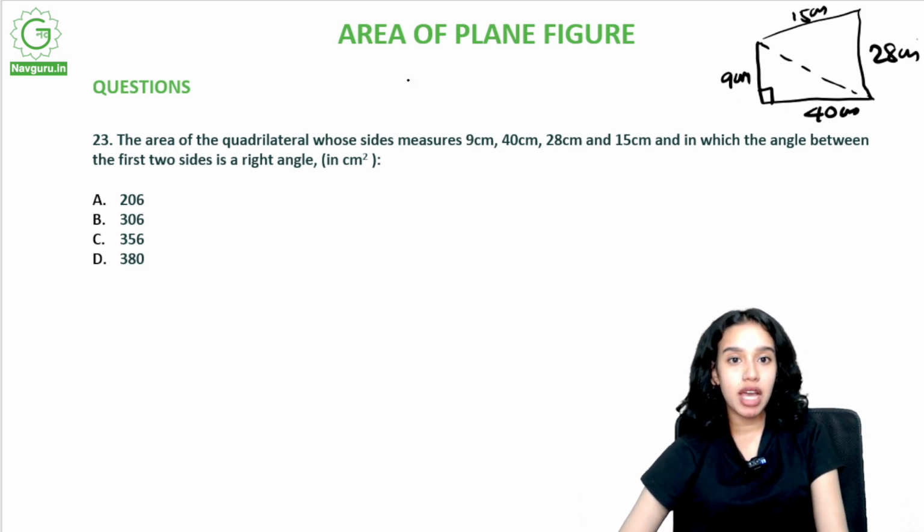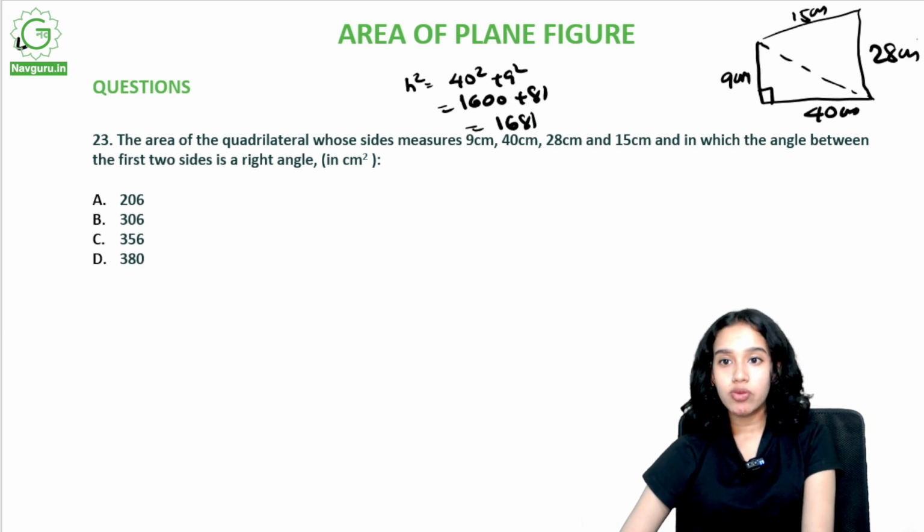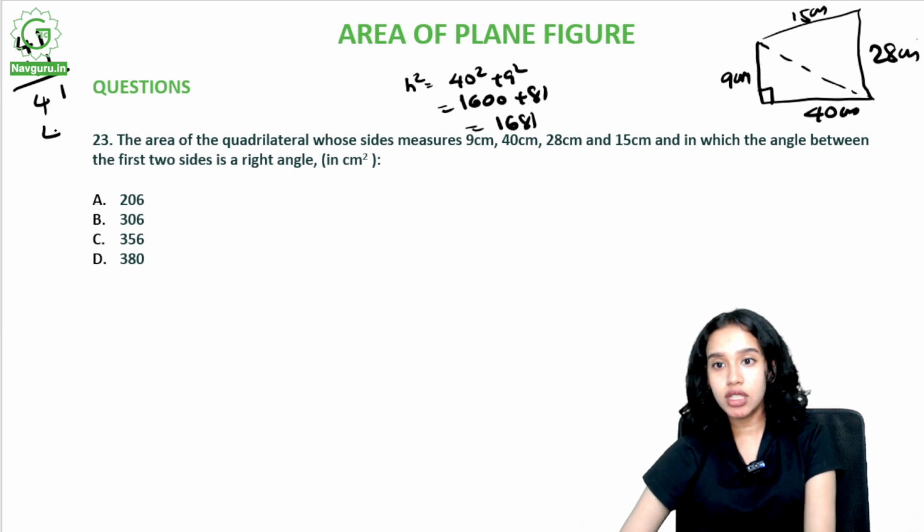So the hypotenuse is equal to 40 square plus 9 square, which is 1600 plus 81, which gets 1681. What is the square of 41? 1, 4 ones are 4, and 4 fours are 16. So this is exactly 1681.